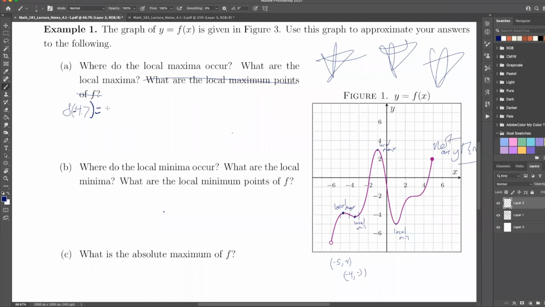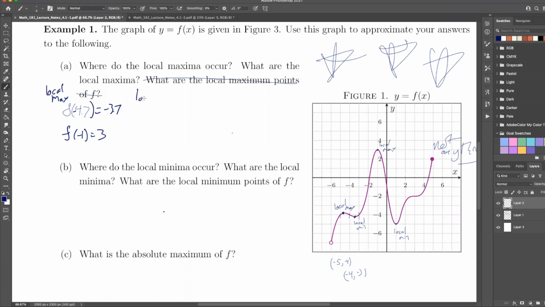So f of minus 4.7 equals minus 3.7, and that's a local max. Another local max here would be f of minus 1 equals 3. And so these are our maxes. These are local maxes.